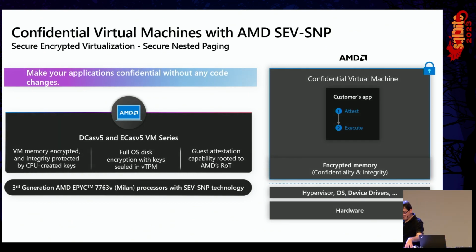So we talked about SGX enclaves, right? With SGX enclaves, there is a chunk of memory within the process that is protected with hardware-backed keys. A confidential VM is similar, except it's much bigger than the enclave. The entire memory of the VM is encrypted with a hardware-backed key. And for that, we use AMD technology, for a change, called Secure Encrypted Virtualization.